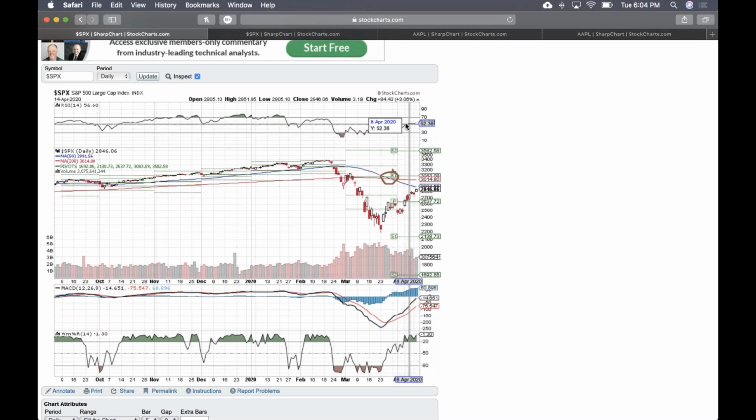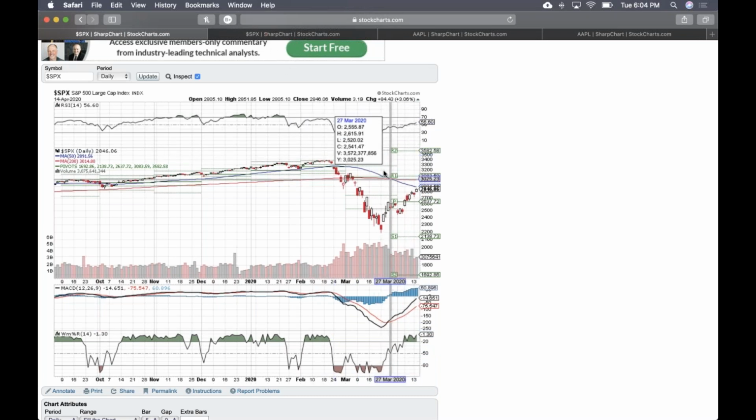We've got a number of technical crossovers. Let's do red. I just realized I circled the bearish crossover, and the rest of these, of course, are bullish.